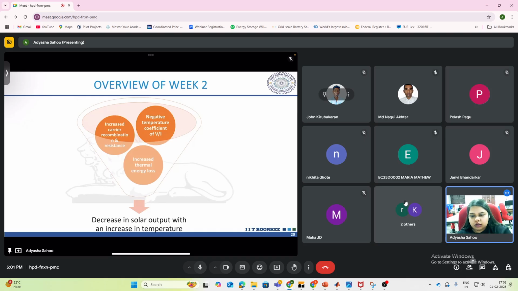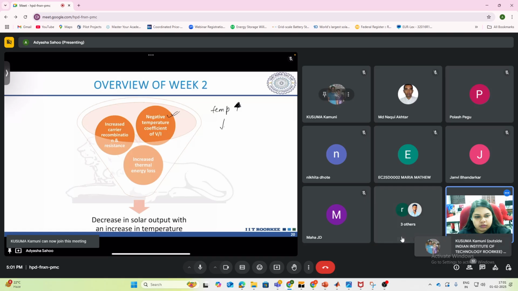Then why is there a decrease in solar output with an increase in temperature? It is basically due to the negative temperature coefficient of voltage and current. Whenever the solar energy falls on the silicon cell, electron and hole pairs are created, and due to this there will be a potential, and when you connect a circuit across this, the current flows.